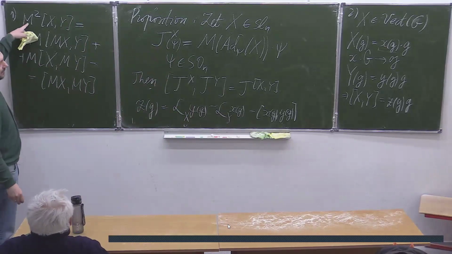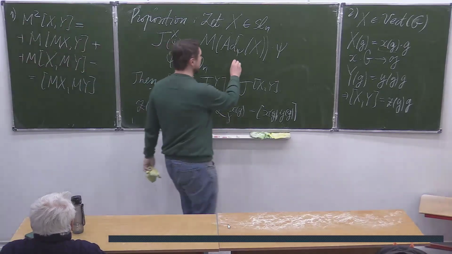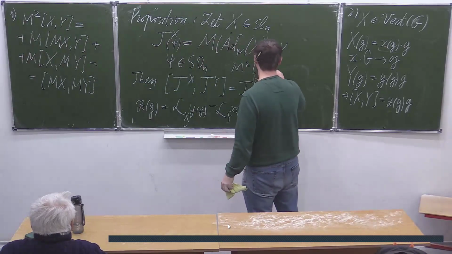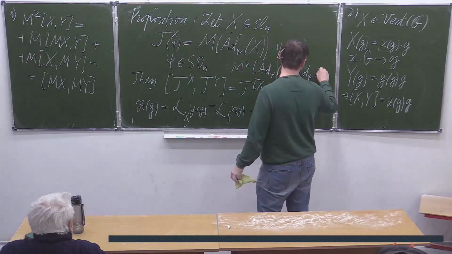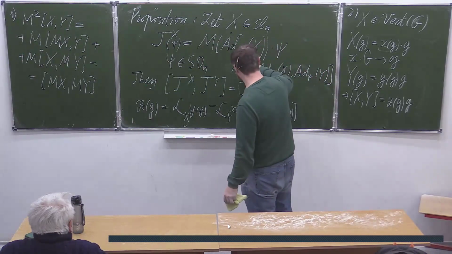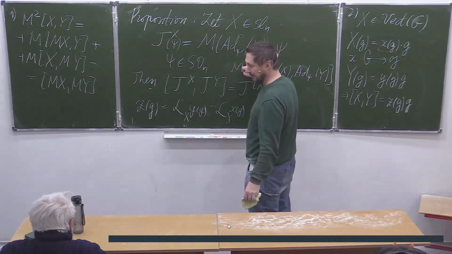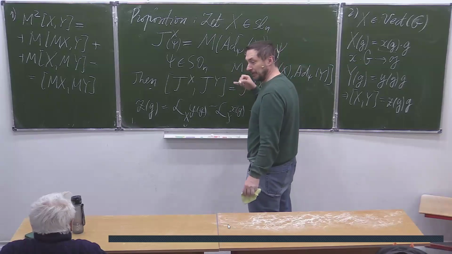So what we get is the vector field induced by M squared of the commutator, ad psi x, ad psi y. But this square can be erased because this is a projector, so its square is equal to itself. And the adjoint action is a homomorphism of the algebras.